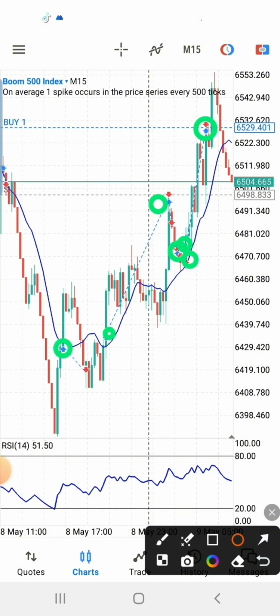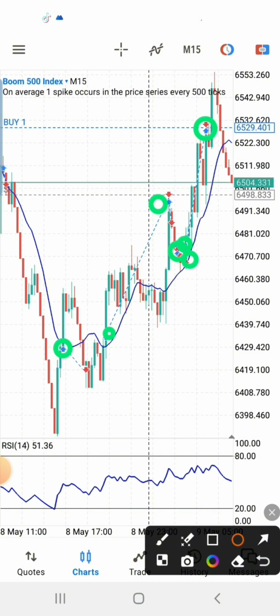Just that when I place this trade, the price must be above this. The moving average lags. Most times the moving average can shift from the position you made entry, and it will now look like the price is below. But when I took the trade, the price was above this moving average. That's the condition. That's number one thing.